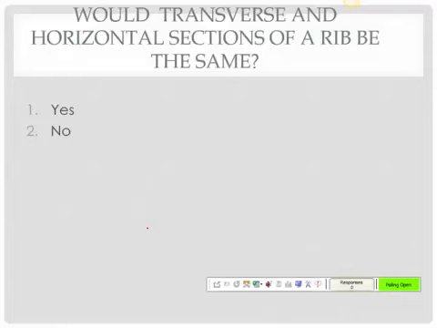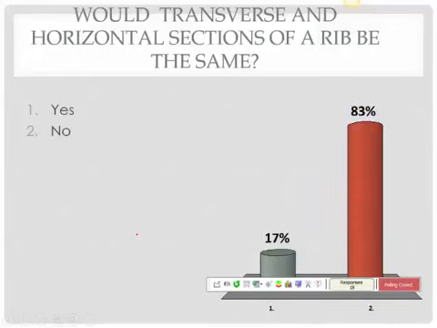So think of how ribs are placed in your body. Very good. No is the correct answer. No, they would not be the same.